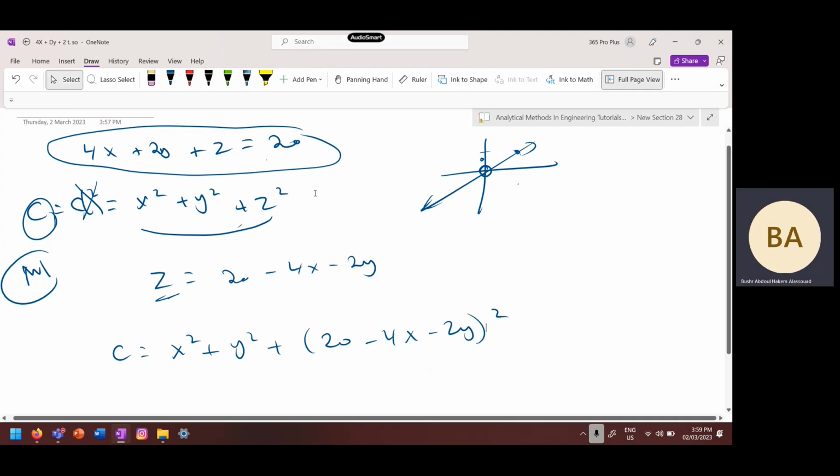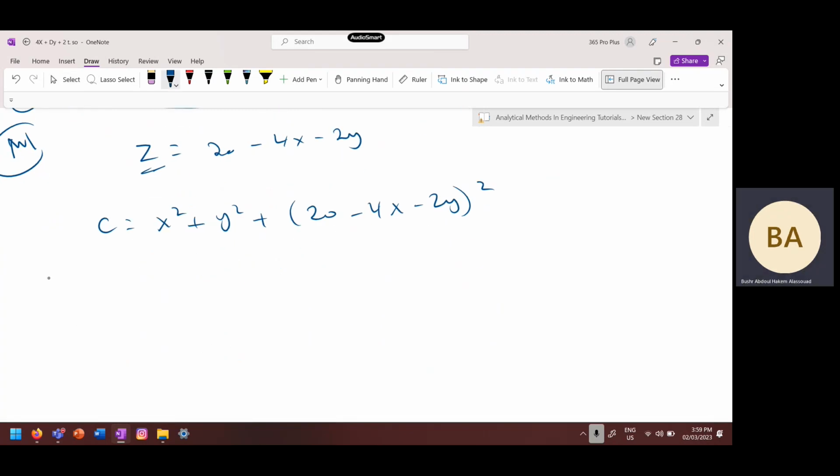Now you're not required to expand this. Previously we saw that we used dc over dx or dr. You can see here that we're having 2 variables. So we'll use partial differentiation instead.